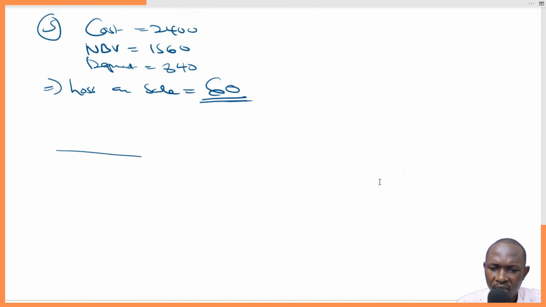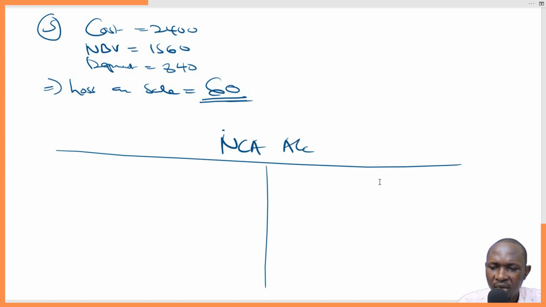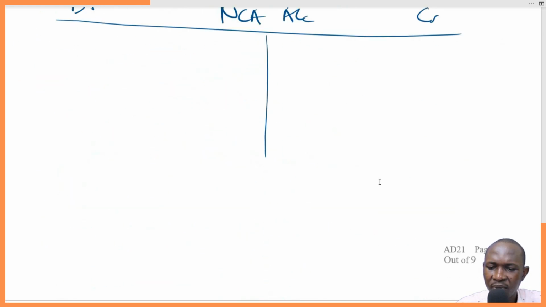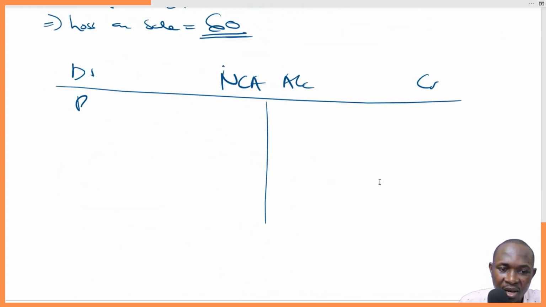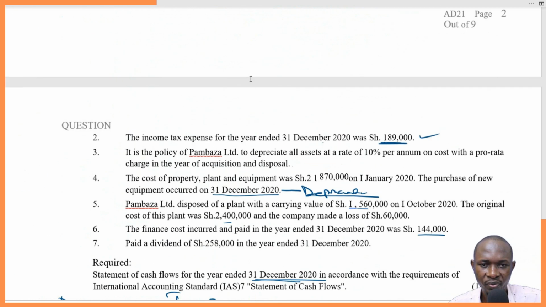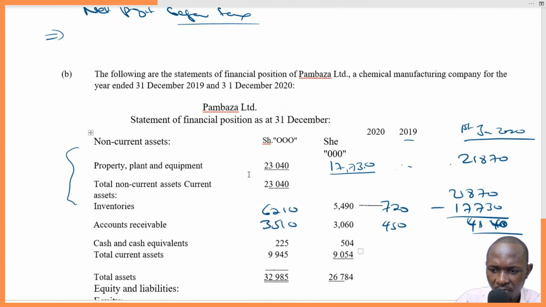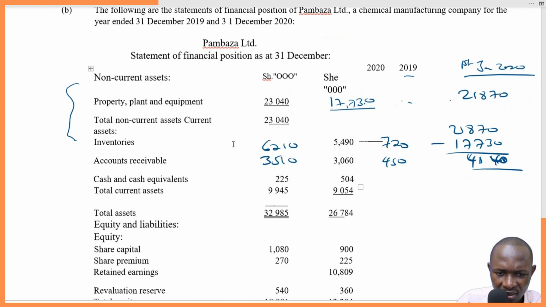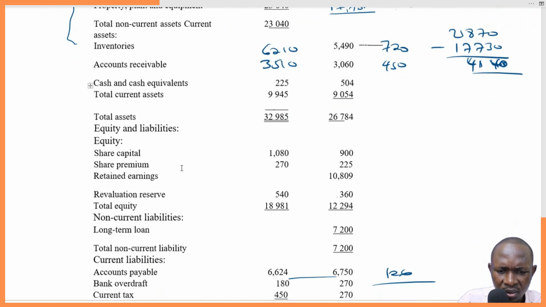Let's open a non-current asset account here and see how it goes. So the starting balance is 17,730, but because it's an asset, the balance brought down is always a debit balance. So 17,730 from the question, and then balance carried down will be 23,040. Check from the past paper. I think here in our question it has been distorted, but these are the figures I'm working with. Then check if we have revaluation reserve.